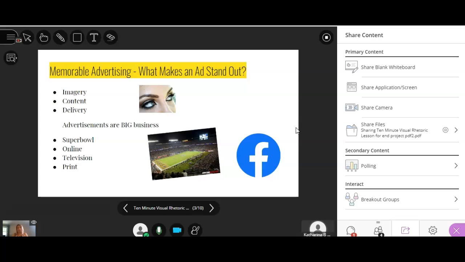Advertisements are huge, big business, right? Super Bowl advertisements cost millions of dollars. Online advertisements keep companies like Facebook alive. We saw that recently when Facebook lost advertisements, and it was an issue. Television and print ads are important too.